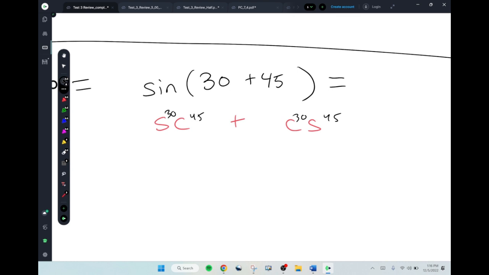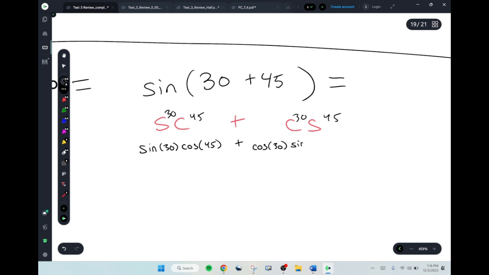I'm a shorthand person. You don't have to be. You can write sine of 30 times cosine of 45 plus cosine of 30 times sine of 45. And then you know those in your heart because you have your unit circle memorized so well.